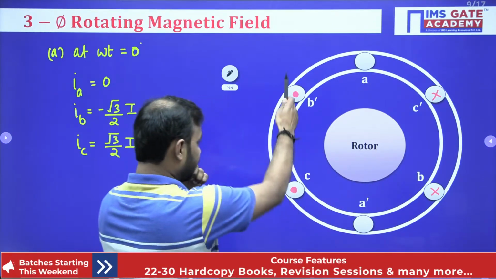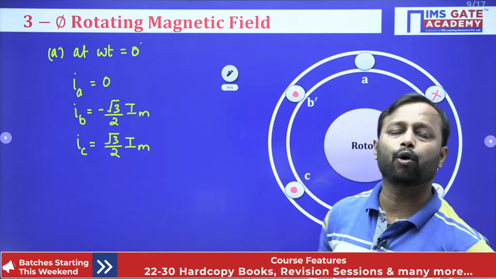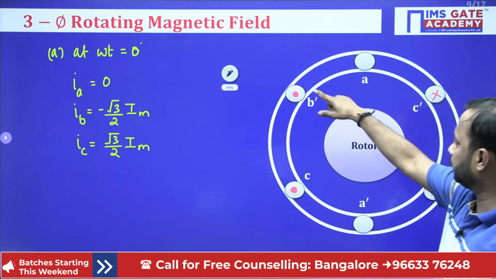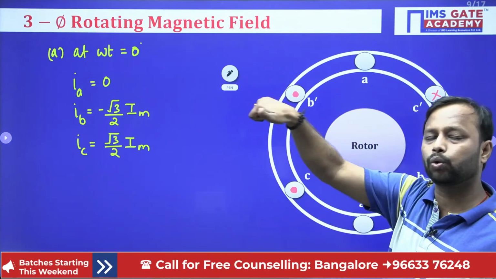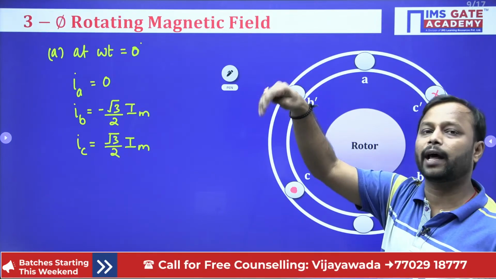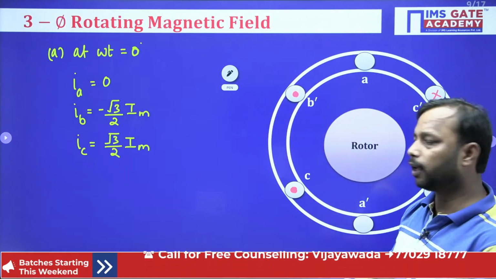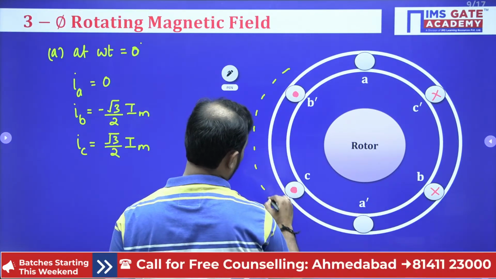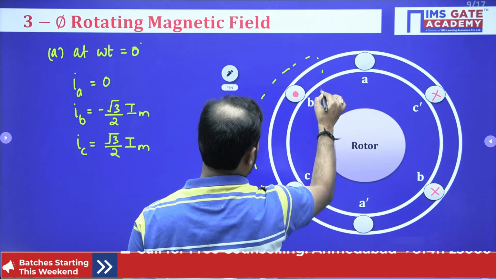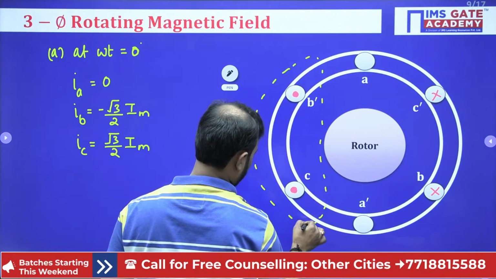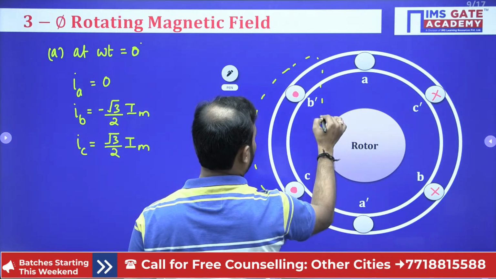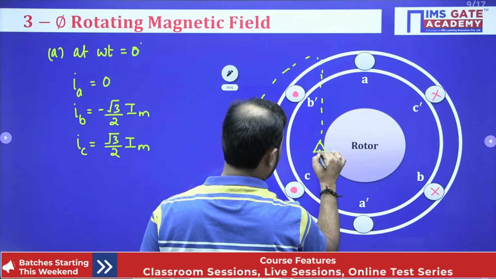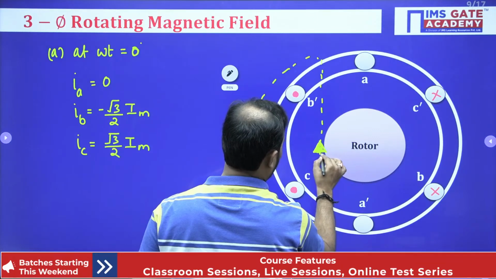Now, since this is the dot current, it will produce a magnetic field. How to find the magnetic field? By using Fleming's right hand palm rule. This dot means the current is coming outward, so the forefinger will curve in the direction of the magnetic field, which will be anti-clockwise. So this gives the magnetic field like this, in the anti-clockwise direction.